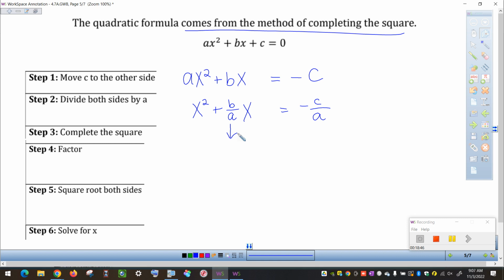And we saw earlier in the week, whatever that number is that's in front of x, we need to divide that by 2, and then we square it. So here's what that would look like. If I want to do a fraction divided by 2, I can write that like this. And I'm still going to write that the whole thing is being squared.